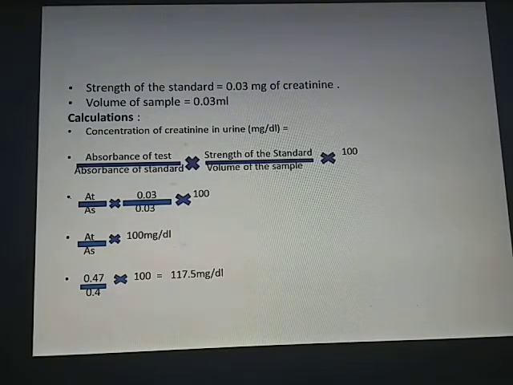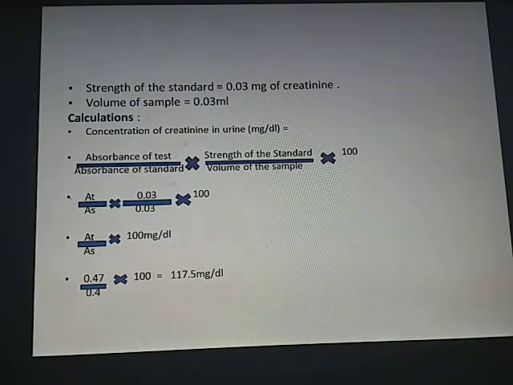If you take the readings of absorbance of test and absorbance of standard against the blank at 520 nanometers, then you will get the OD values. If you substitute these OD values into this formula, absorbance of test by absorbance of standard into 100, then you will get a value.